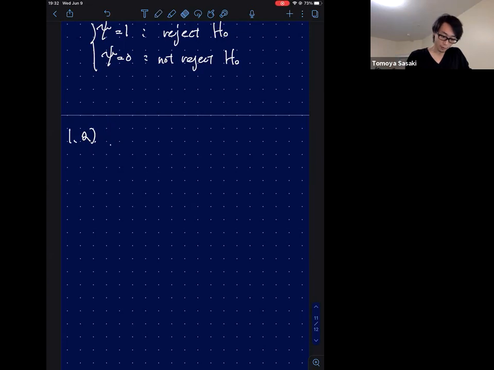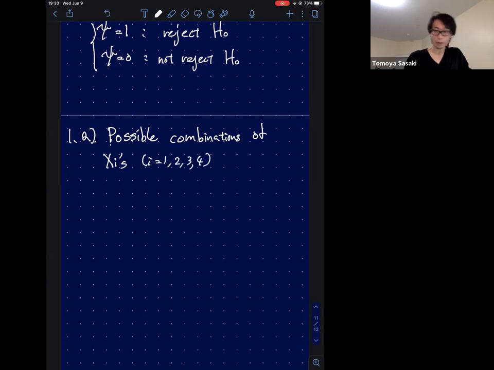So this is asking for possible combinations of x_i, where i is equal to 1, 2, 3, 4, such that psi is equal to 1.